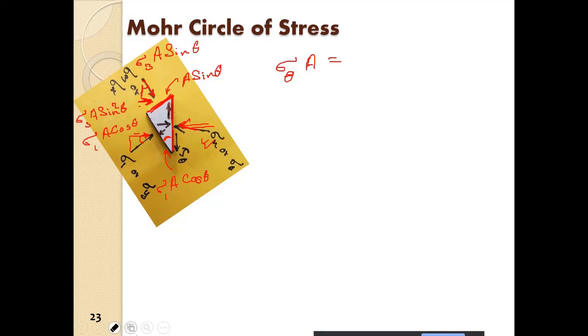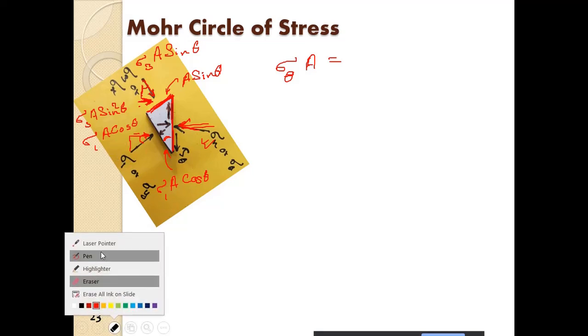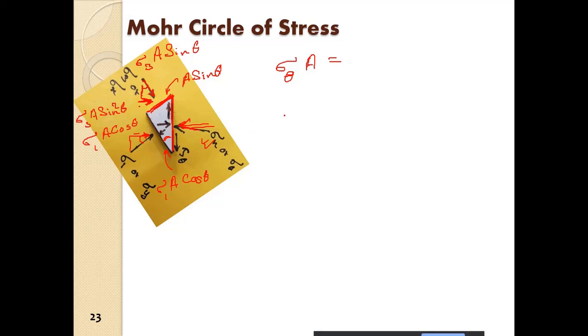Okay, so similarly you have to find out the components in the y direction. Here in the y direction, tau theta into a is the force, and similarly you have to find out the component in the y direction, and then add it.